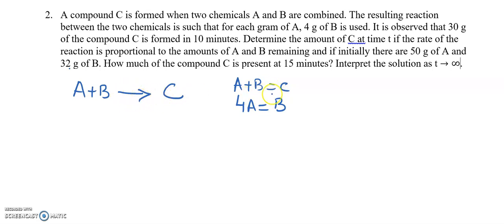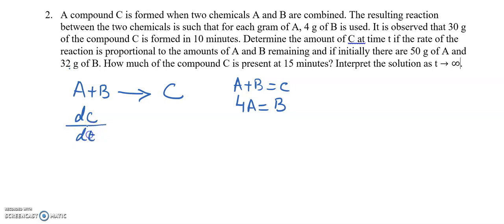So in this case, the amount of A is A, the amount of B is B, and the amount of C is C. So we can see what will be the amount of C that will be produced in time t.